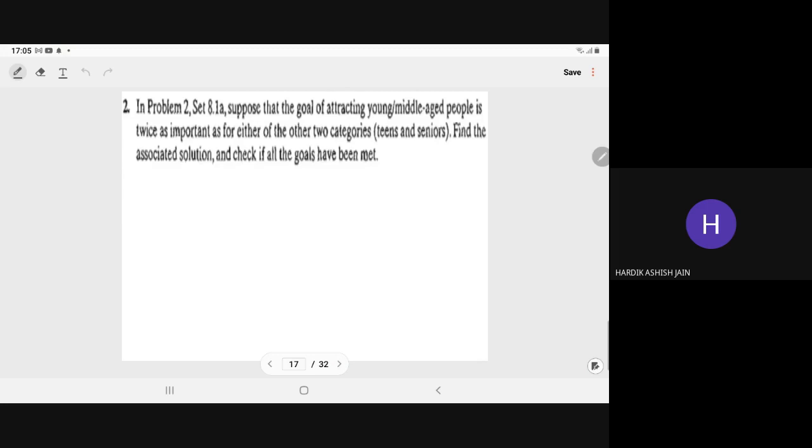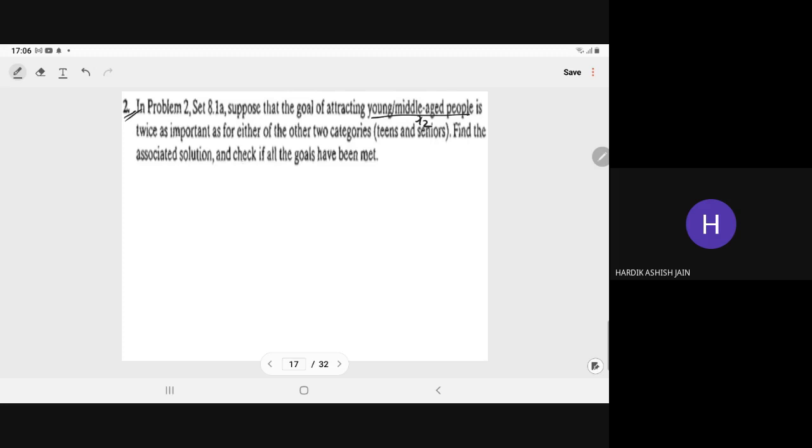We did the formulation in the previous class. Here, in problem 2, set 8.1a, suppose that the goal of attracting young middle-aged people, that is x2, if you recall the previous question, is twice as important as either of the other two categories, teens and seniors.